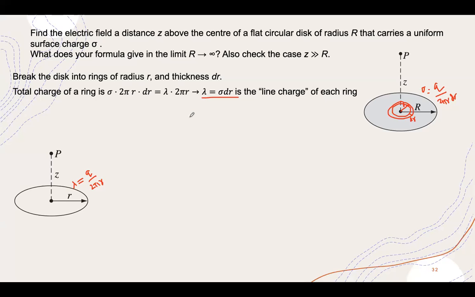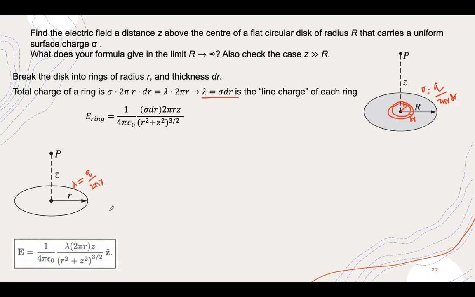Now we can use what we did in a previous slide: for a ring, the electric field at point P at distance z, with radius r, is given as 1 over 4 pi epsilon naught, lambda times 2 pi r times z divided by (r squared plus z squared) to the power 3 over 2, in the z cap direction. Now that we know lambda, we can put sigma times dr instead of lambda, and then integrate from 0 to R. So the problem is going to be very simple.